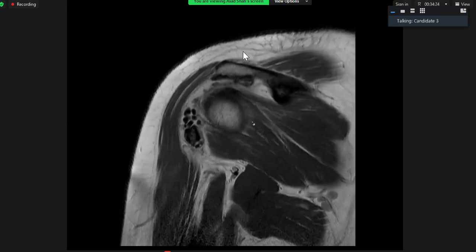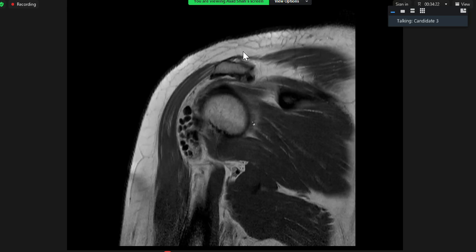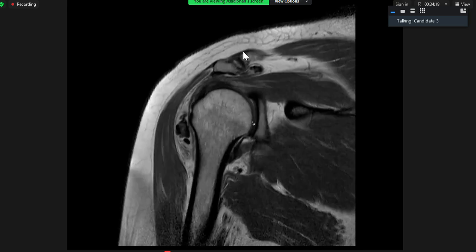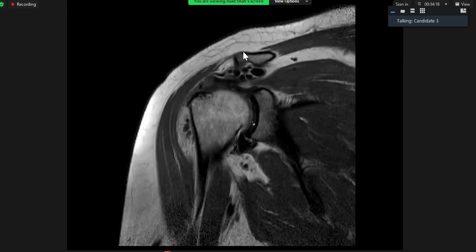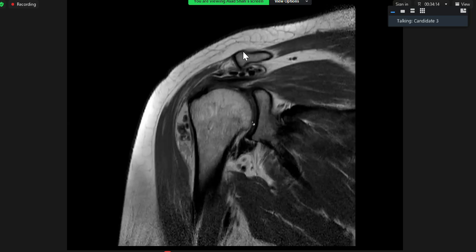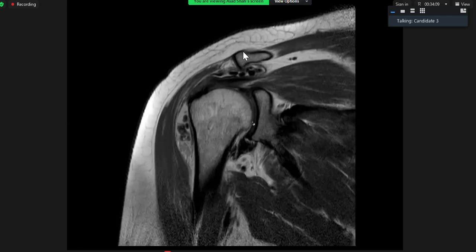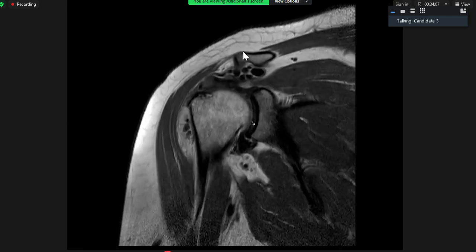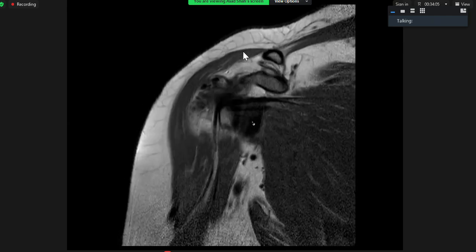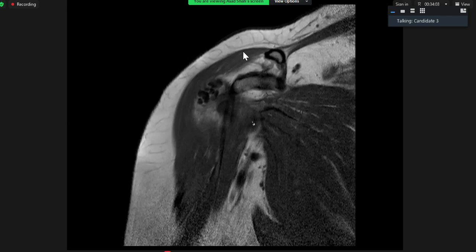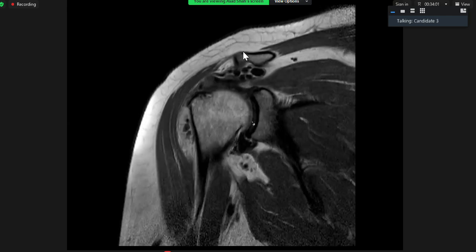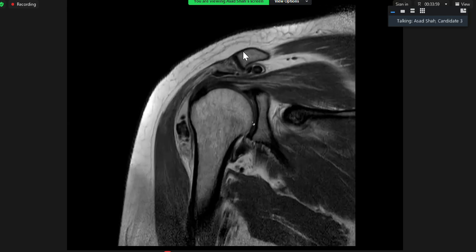So we can see that there are multiple low intensity, well-defined areas within the synovium, and they are extending into the subacromial bursa. Basically, they are present periarticularly.